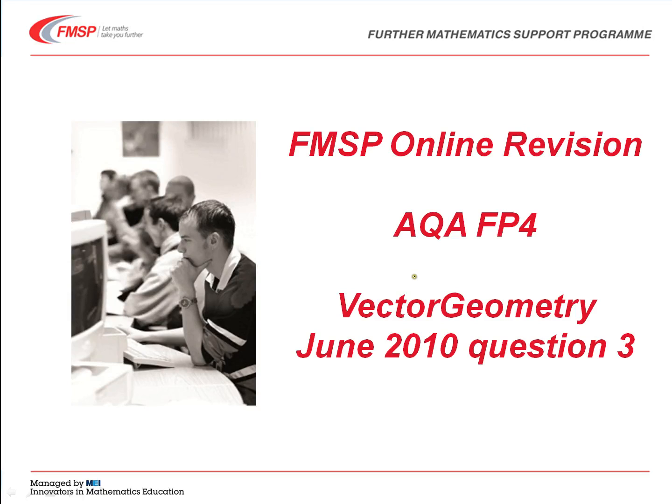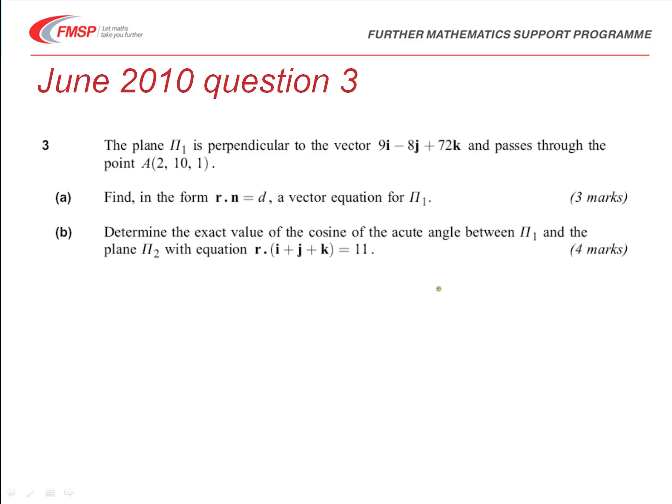Well, welcome to this online revision session for AQA FP4, in which we'll be doing the January 2010 question 3 on vector geometry. You can see this question is to do with a plane, or planes in general.